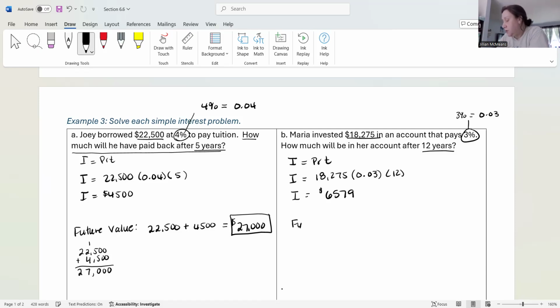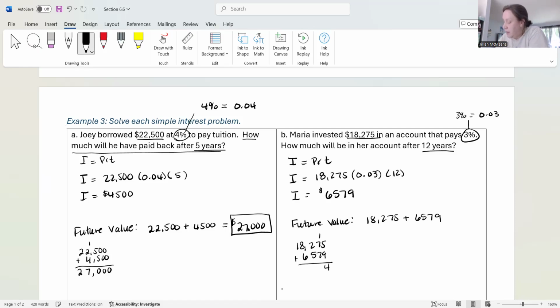Well, the future value is how much Maria started with. So $18,275 plus any interest that she earns. So $6,579. Let's do a little side work. It never hurts to do stuff by hand from time to time. Keeps us honest, right? All right, so 9 plus 5 is 14.